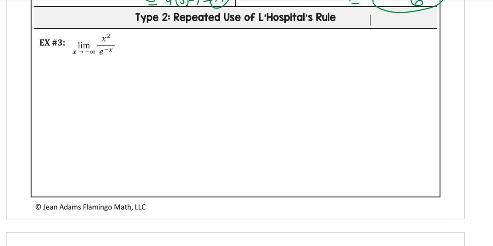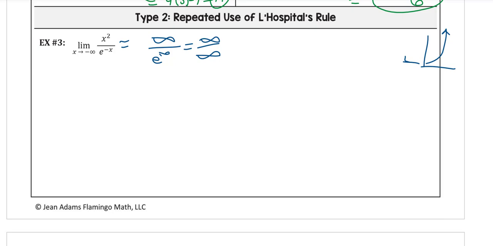So we'll start by substituting in, and what we're going to get when we do this is infinity over e to infinity, which is really infinity over infinity. Because remember, e is an exponential growth function, so it's just going to grow.